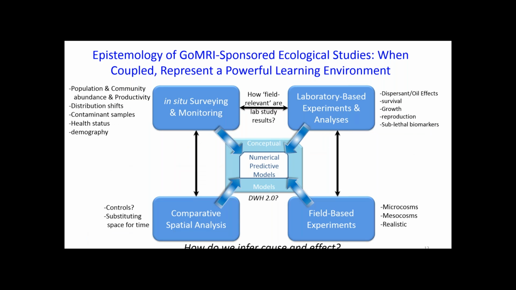So in terms of the types of information that have been produced, there's really kind of 4 domains of information gathering that people have used to try to understand these effects. Starting from the upper left, the in situ survey and the monitoring. We're kind of fortunate in terms of looking at many of the resource populations that there was a very vigorous monitoring program in place prior to the Deepwater Horizon, primarily for natural resource management, and that is fisheries management primarily.